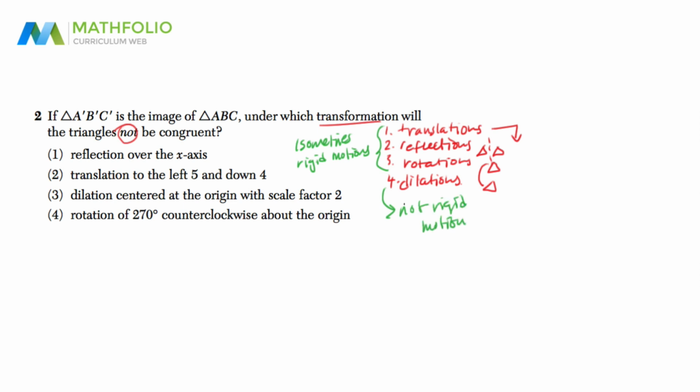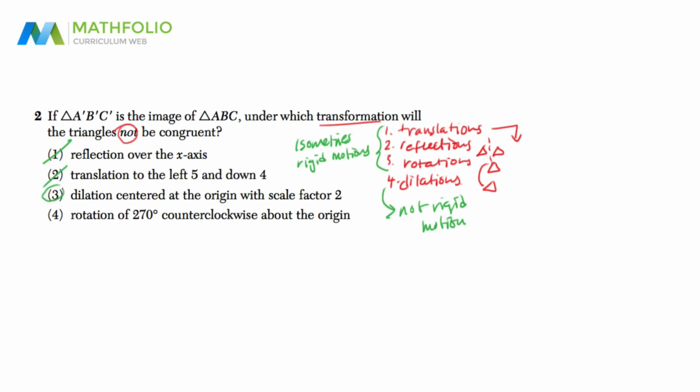Now, it's really important that I explain these terms as we go through the test, because they might ask this question in a slightly different way using the term isometry or rigid motion or preserving distance. So basically, a reflection over the x-axis does preserve distance, so it does give you a congruent shape. Number 2, translation, that is a rigid motion, so it keeps the shape congruent.